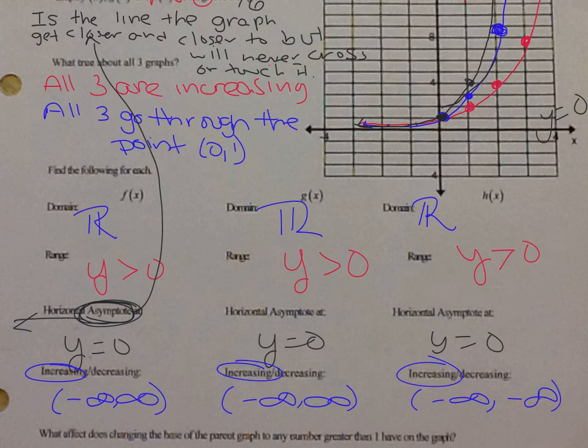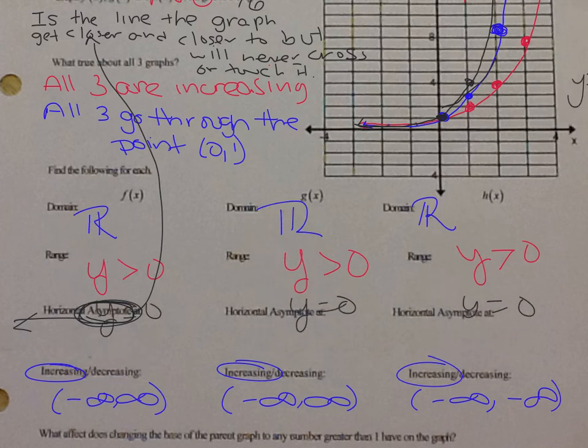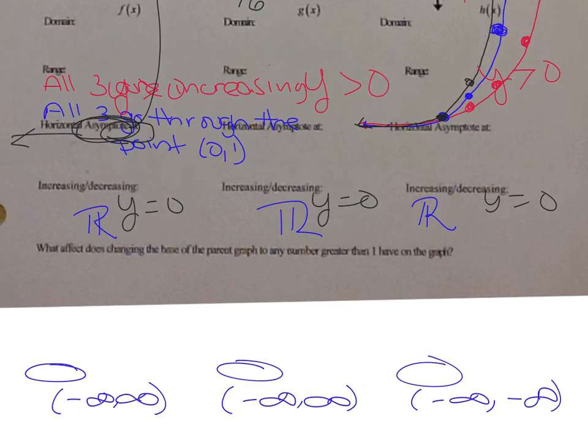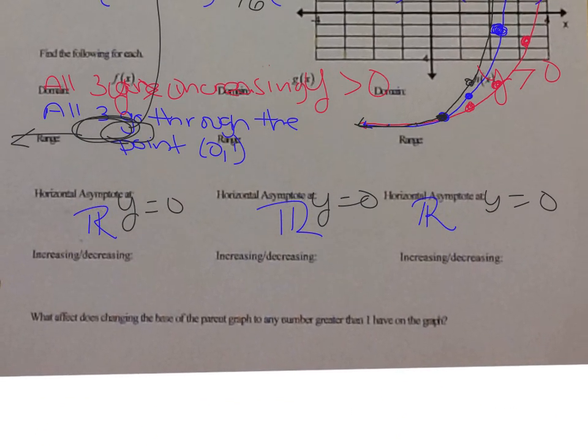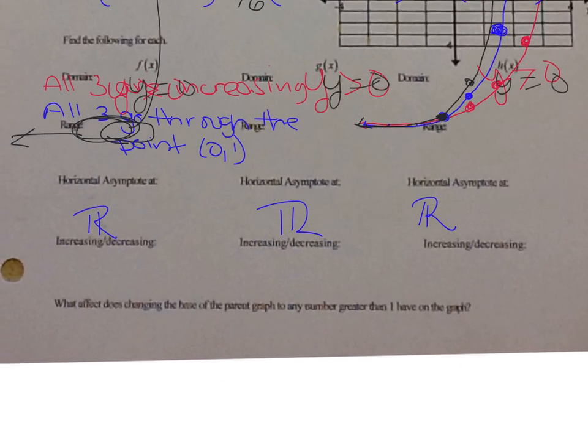Okay, and the last thing, I'm going to have to move my paper up a little bit here. But you should have your graph in front of you. Okay, is this question down here. It says, what effect does changing the base, the base means the 2, the 3, the 4, what happens when I change that?